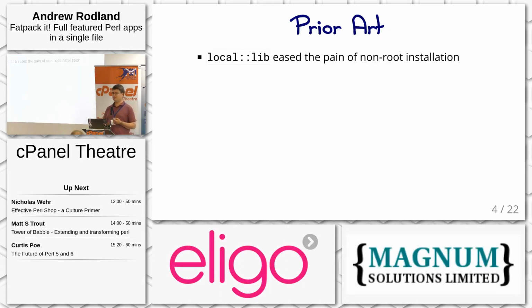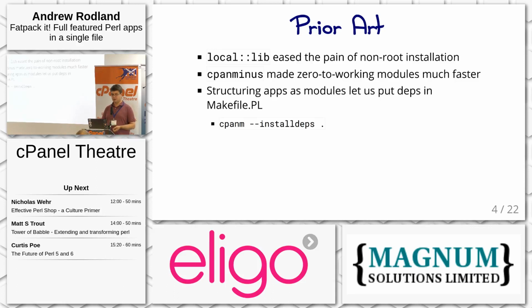So things have happened since the year 2000 to improve that. Locallib is a big one. Made it very much easier for people to install and use modules as non-root users. CPAN minus eased the pain of configuration and made things quite a bit faster just to install the modules that you need.